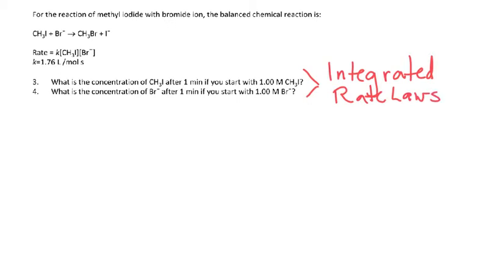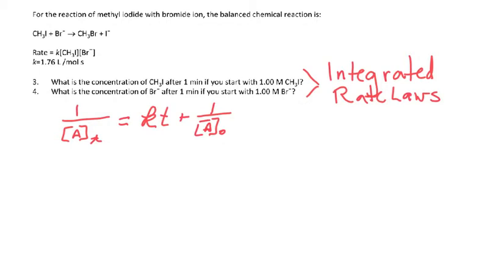So the integrated rate law for a second order overall reaction is 1 over the concentration at time t is equal to the rate constant times time plus 1 over the initial concentration. We just have to plug things in at this point.